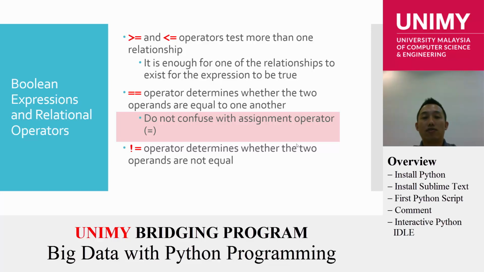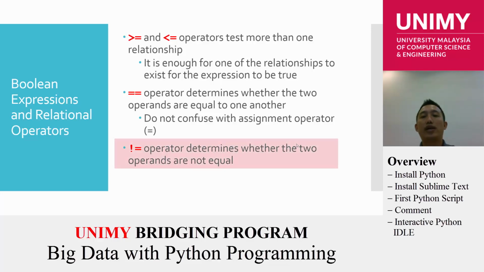Students should never confuse it with the assignment operator, which is a single equals. If you want to do comparisons, it has to be double equals. The not equal operator determines whether the two operands are not equal.